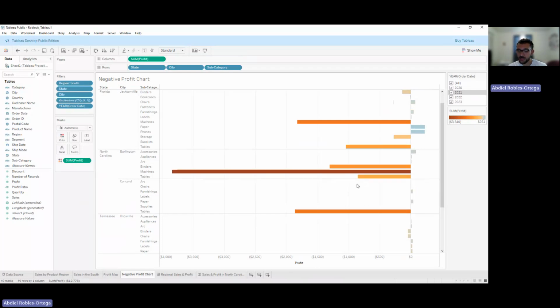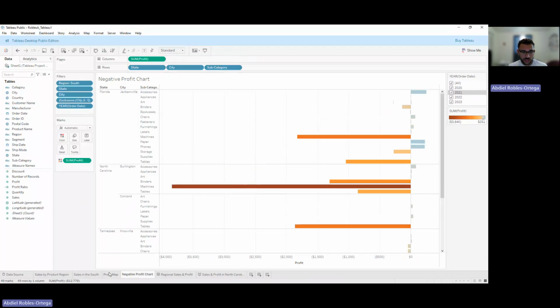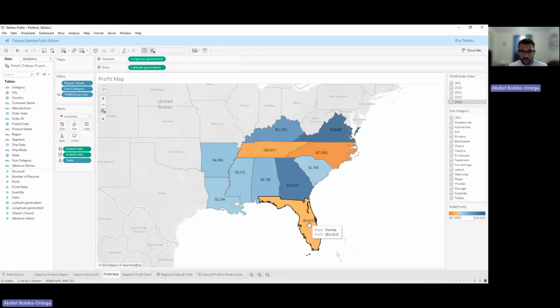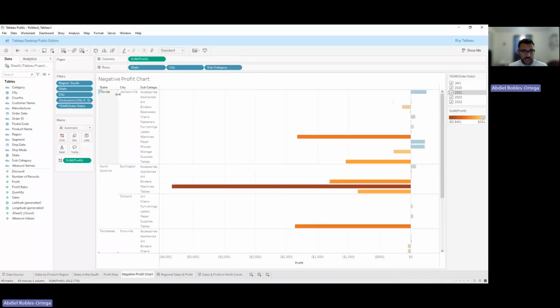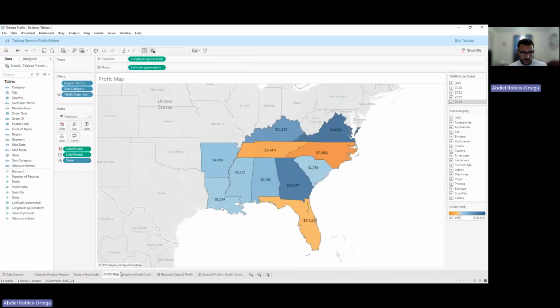Binders, tables. And going back to the profit map, we can see that these cities are in southern states, and more specifically which cities in those states have seen the negative profits. That's why, when we look at the profit map, we can see which states have seen negative profits.